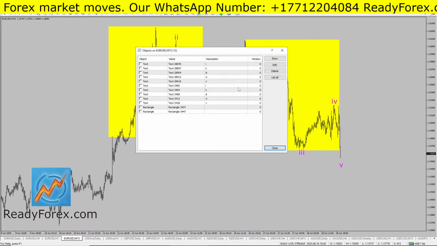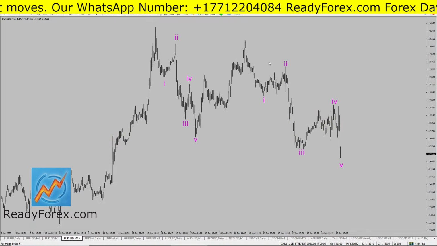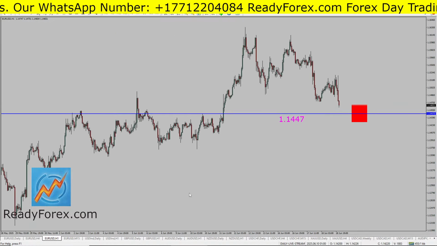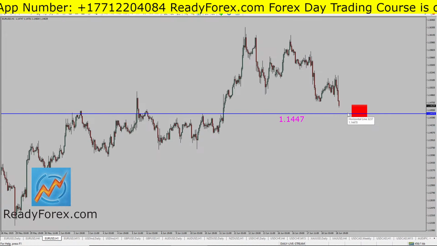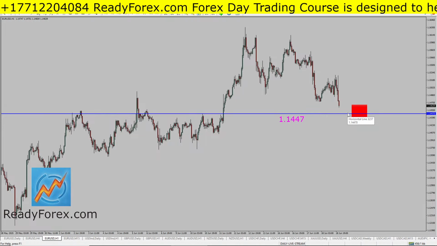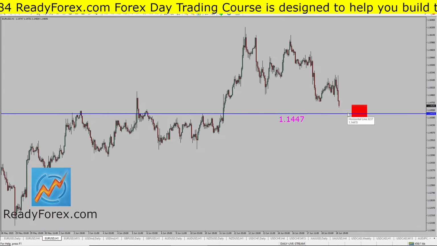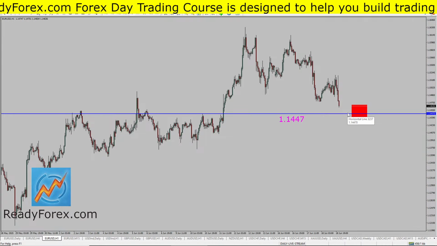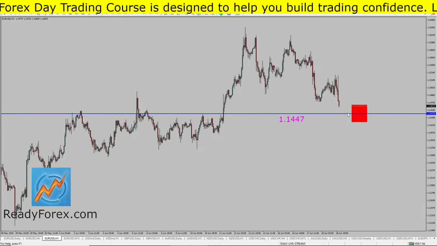So what we are going to do at this point in time is wait for the price action to test 1.1447 price level, and once market manages to break below 1.1447 area, then I'm interested to look for new sell trading opportunities.